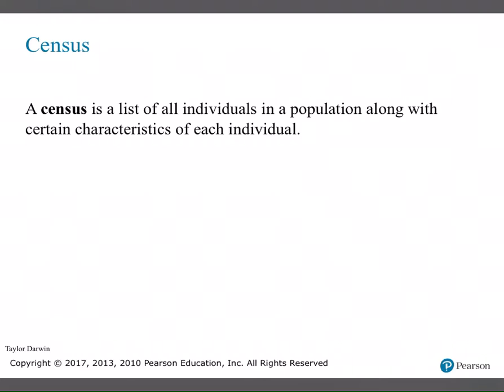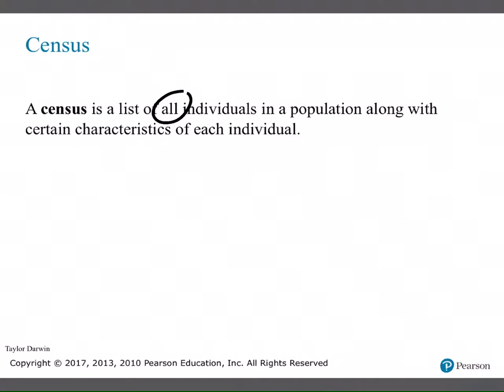And lastly, a census is a list of all individuals in a population along with a certain characteristic of each individual. So, census helps us learn about what's going on, what we can predict, how we can predict growth, how we can deal with growth that could be happening in a place.